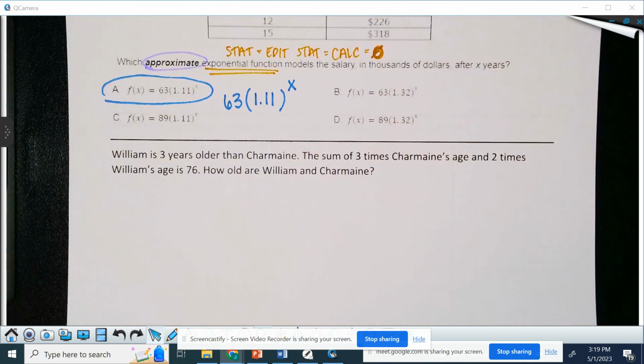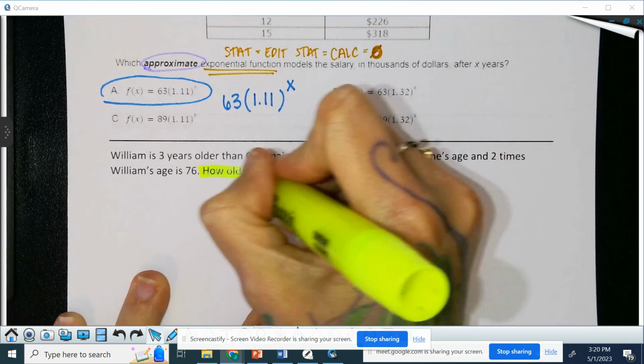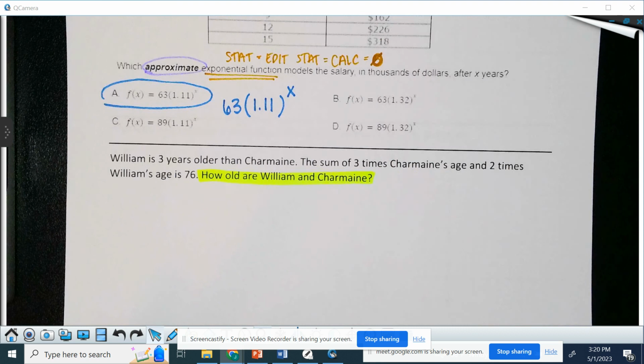What I'm saying is, instead of starting at the top and reading to the bottom like you would a normal question, or like you would read a book, instead go and see what we are looking for first. Because if you read that one time and then you read it a second time, you're less apt to jump too fast if it happened to be a multiple choice question and you find an answer that you stumbled into that may or may not be what they're actually talking about. So how old are William and Charmaine is what we want to know.